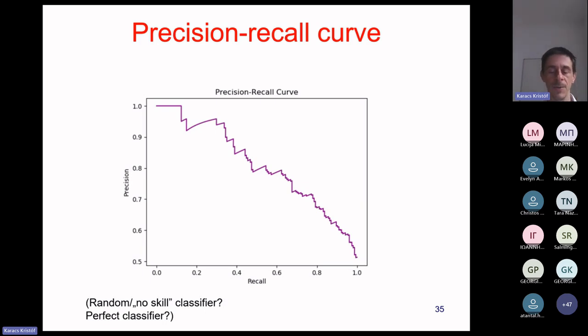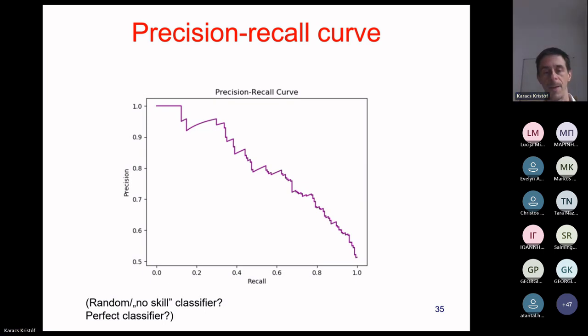But whereas the ROC is more related to sensitivity and specificity, in this case, it's the other aspect that we discussed at the beginning of today's lecture, precision and recall. But the precision recall curve is similar to the ROC curve from the point of view that the more it deviates from the diagonal, the better the quality and the performance of the classifier is.